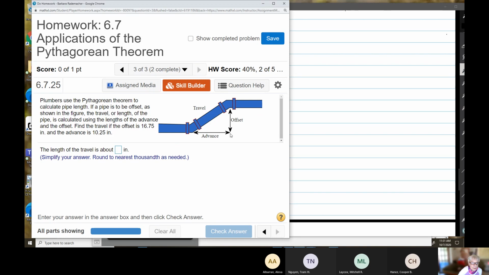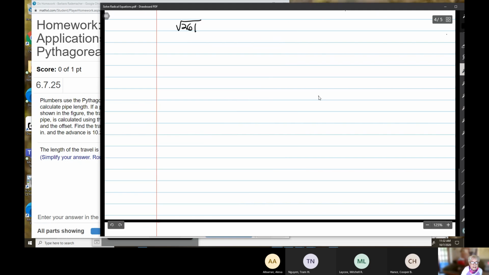Cool. Okay. Find the travel, this side, if the offset is 16.75 feet. Okay, number 3.